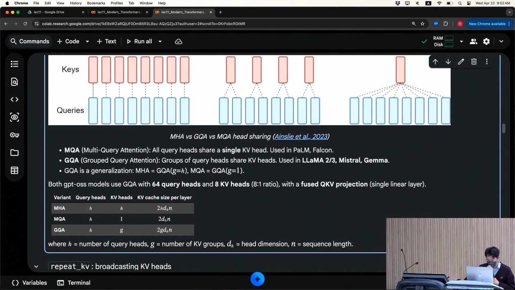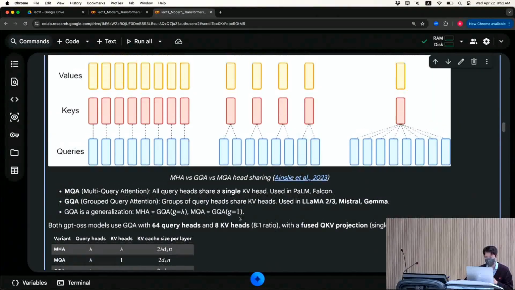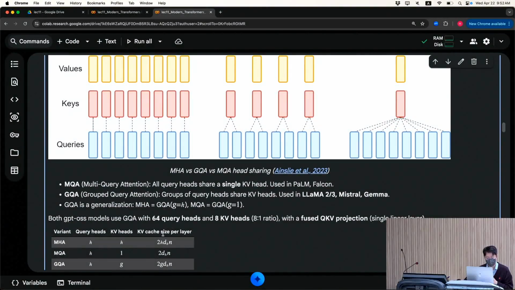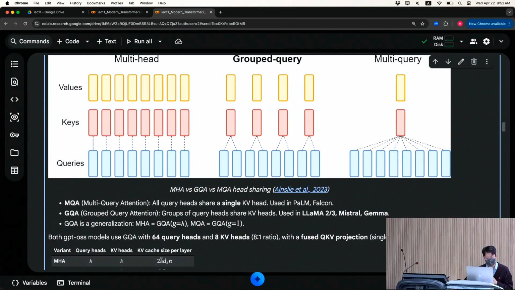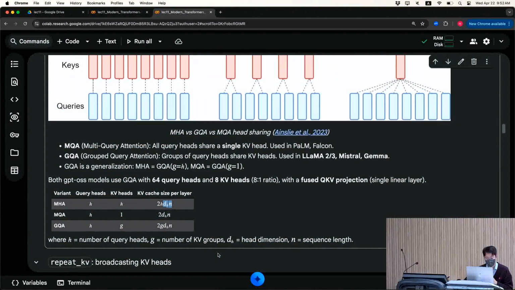All right, so you can read about the KV cache size. In multi-head attention, if you have H query heads and H KV heads, what is the KV cache size per layer? You have H heads, and in each head you have head dimension times sequence length, the number of key activations, and times 2 because one is for the key and one for the value.